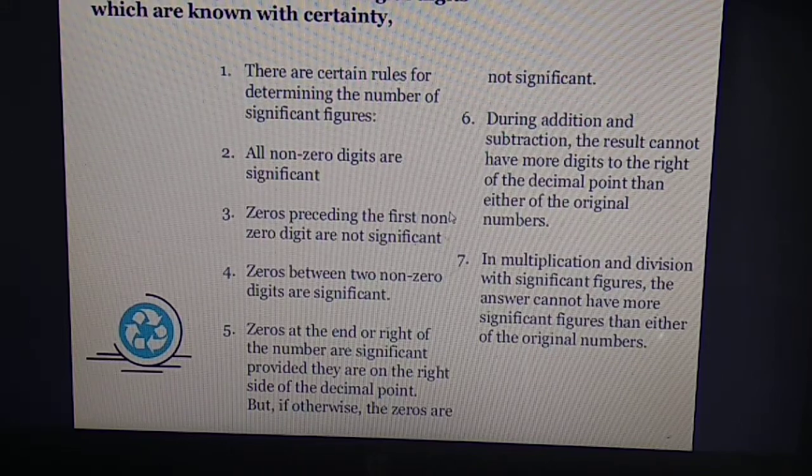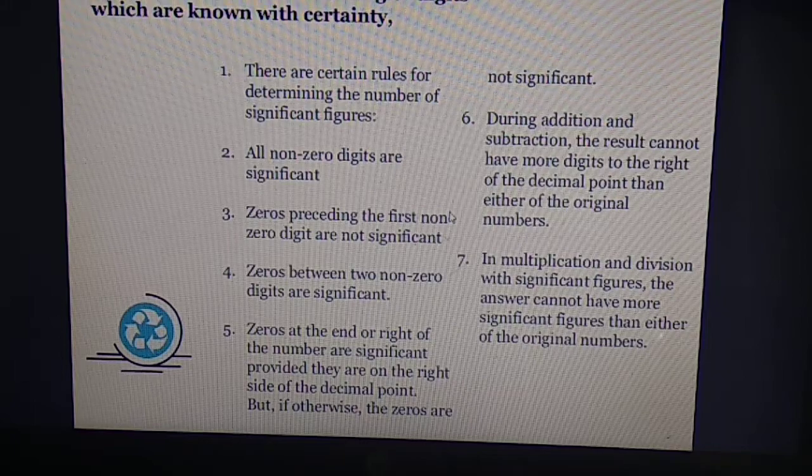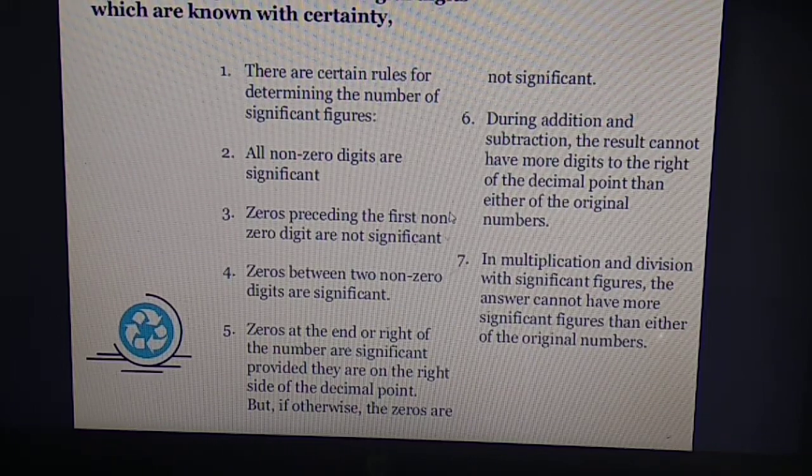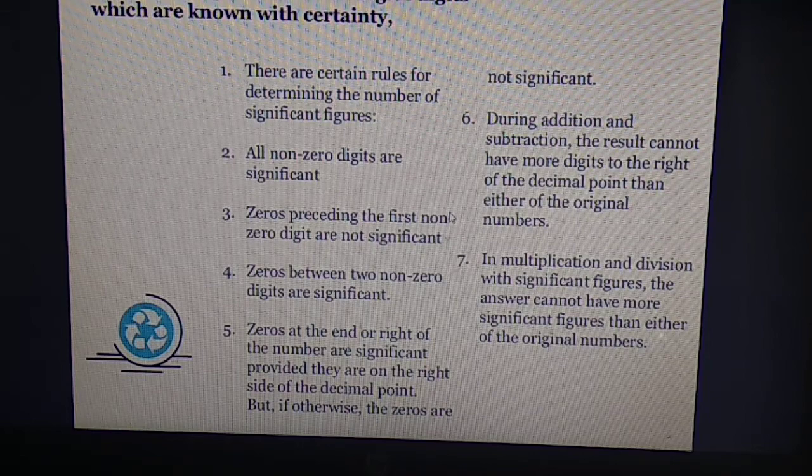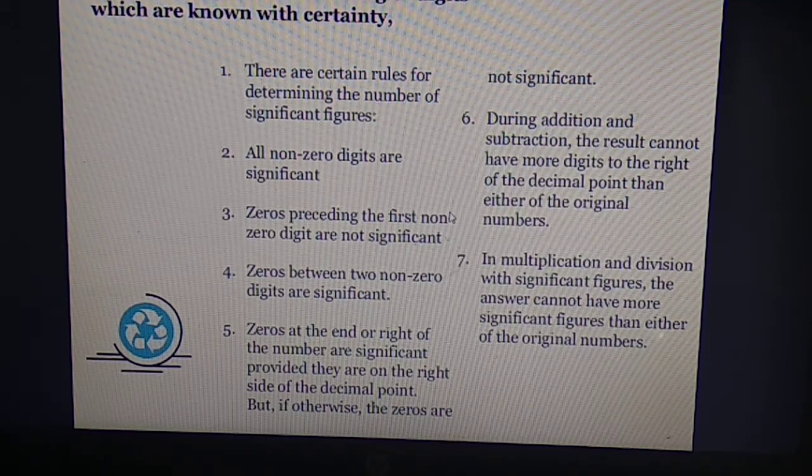Next, zeros preceding the first non-zero digit are not significant. If I take the example 0.03, how many significant figures? 1, because the zero in 0.0 precedes the first non-zero digit 3.